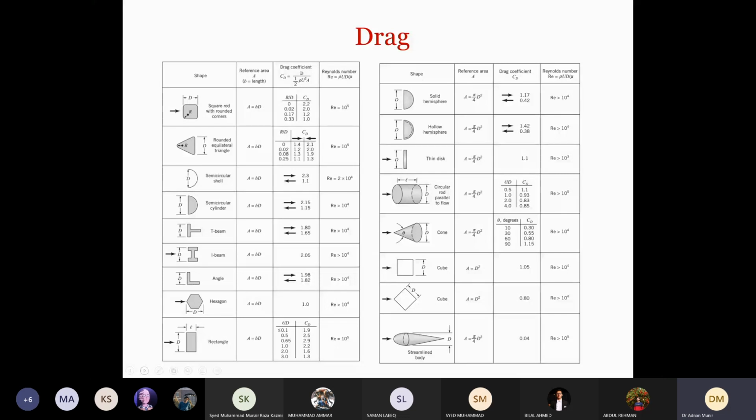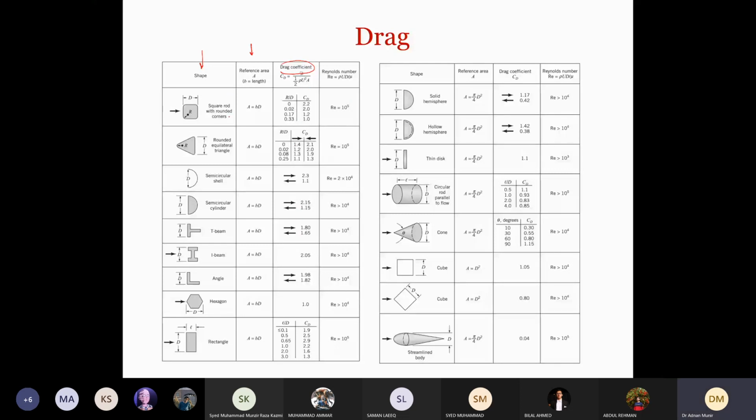Okay, so now the result that I'm showing you is taken from the book, so you can see for different shapes the reference area is different for different shapes. That makes sense, right? And then the drag coefficient is given by this, so this is giving you a drag coefficient for different shapes at this Reynolds number.